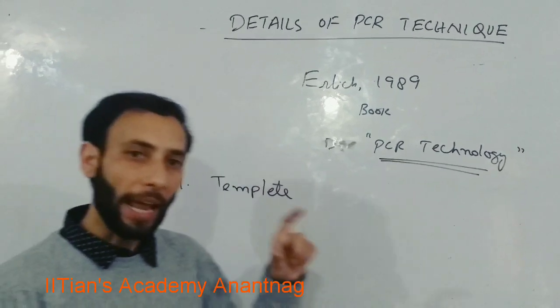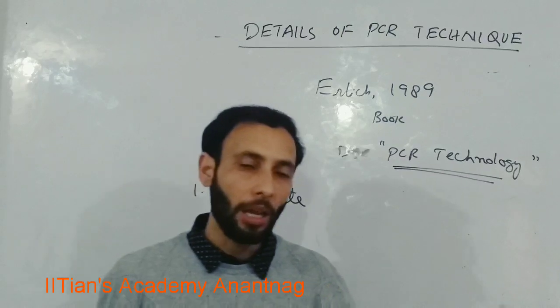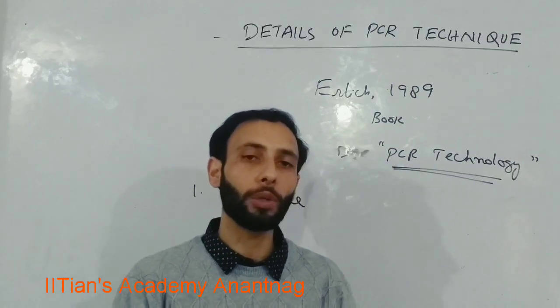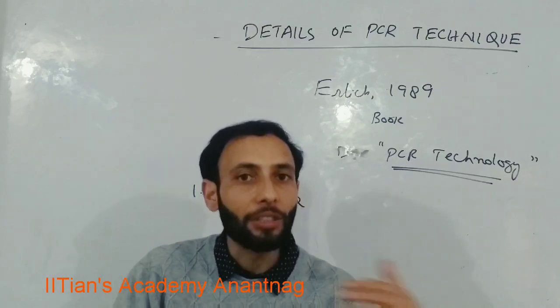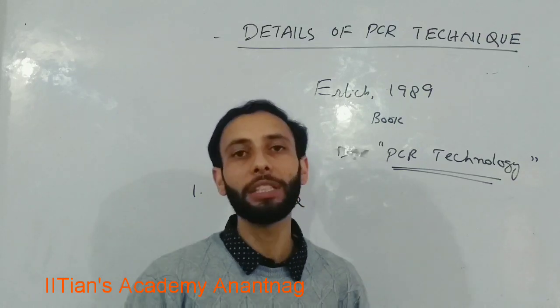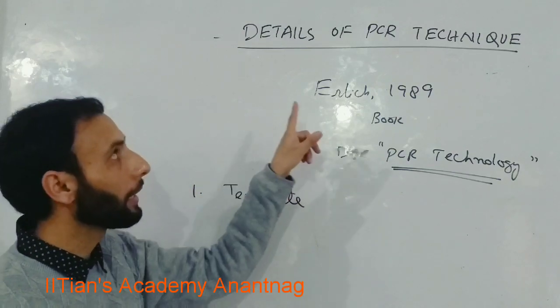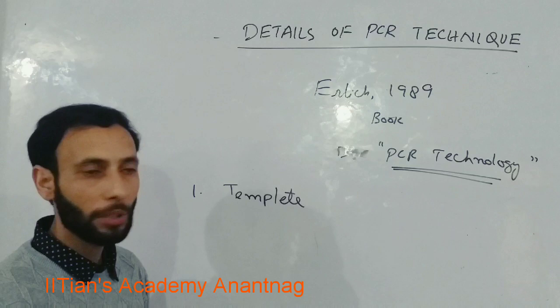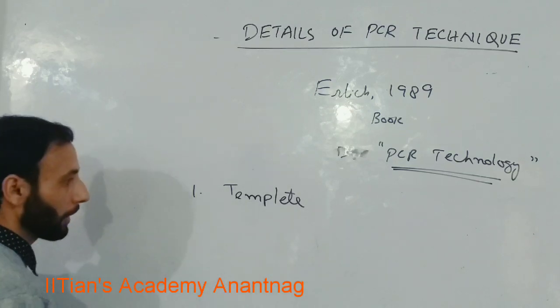Suppose the fragment of DNA which we want to amplify, once we apply higher temperature to it, the separated DNA strands will act as the template. So the first requirement of the PCR technique is that we should have templates.